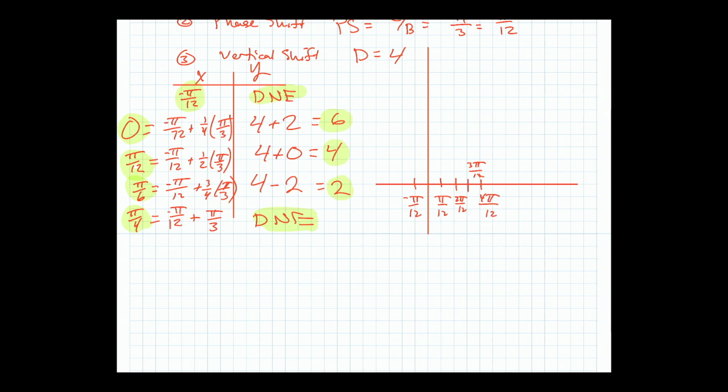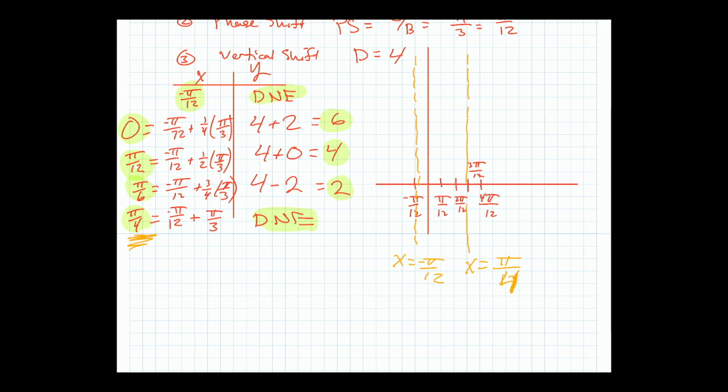Now, get your asymptotes in the right place. One of them is at negative pi over 12. The next one is at pi over 4. Pi over 4 is 3 pi over 12. So that's actually this one. All right, so you have those in the right place.